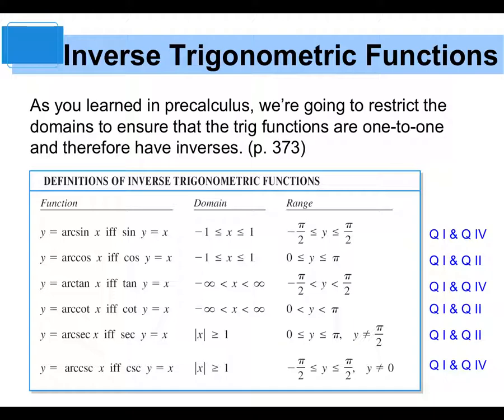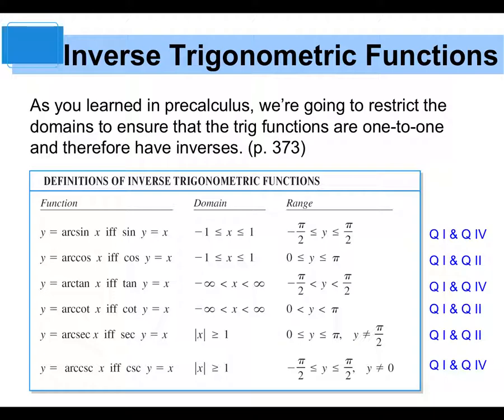Number two, the second function is always going to be where the function is negative. So for instance, if we take a look at the top one, which is sine, I want a quadrant where the sign is positive. I want a quadrant where the sign is negative. Sine is negative in quadrants 3 and 4, so therefore we go with 4. Why 4? Because you'll also notice that there's no quadrant 3's up there.